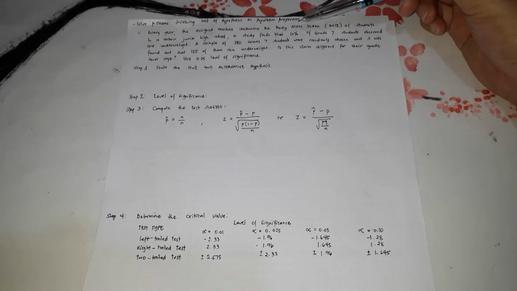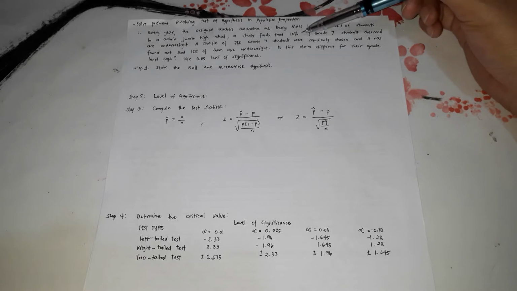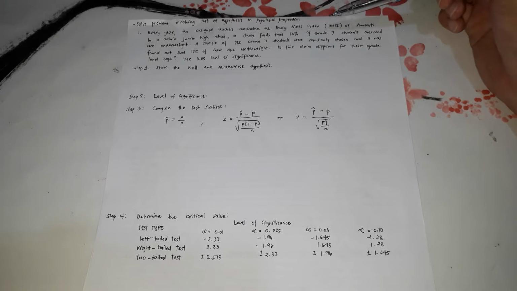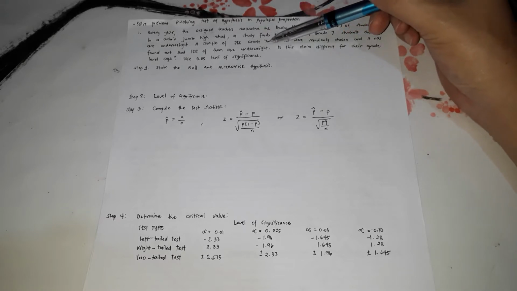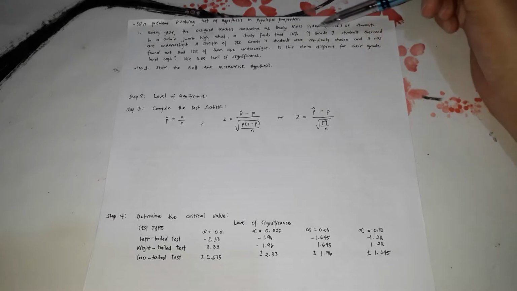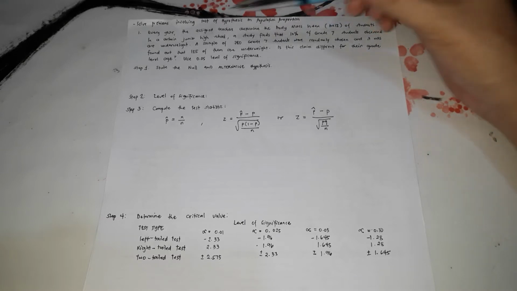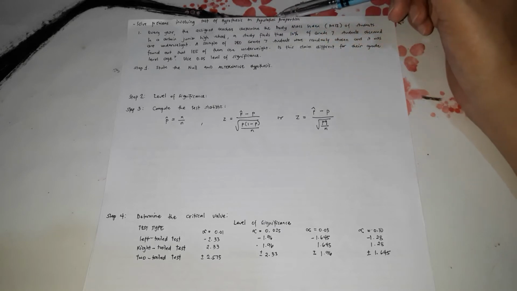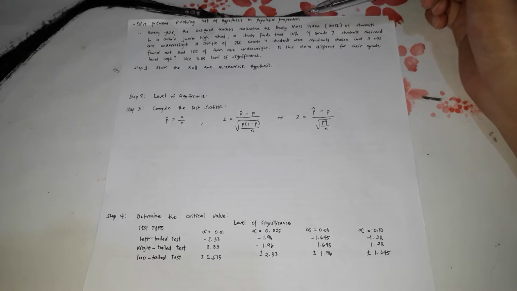According to the study, 10% of the grade 7 students are underweight. But in a study with a sample of 780 grade 7 students, 125 of them are underweight. Is this claim different from the 10%? That's the question that we're going to answer.